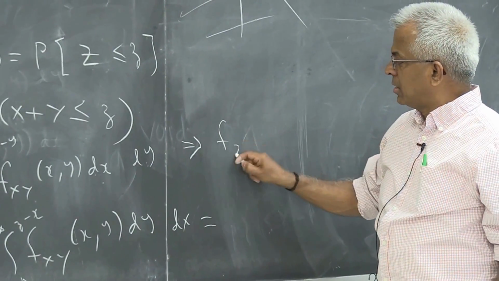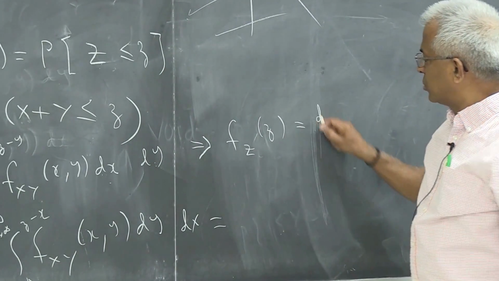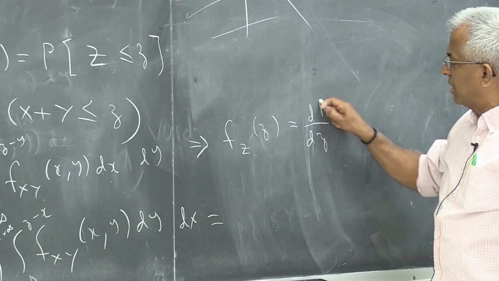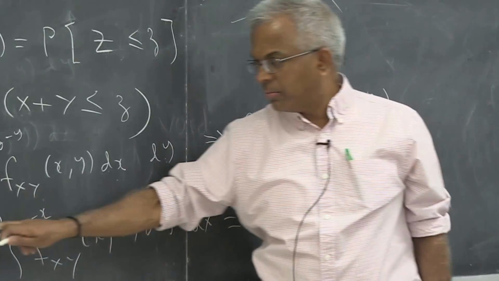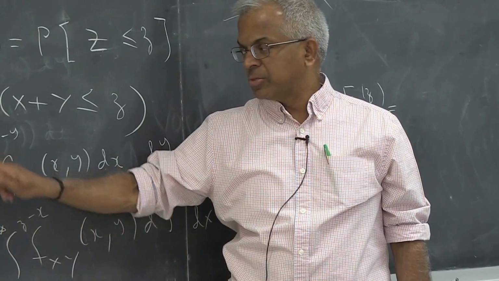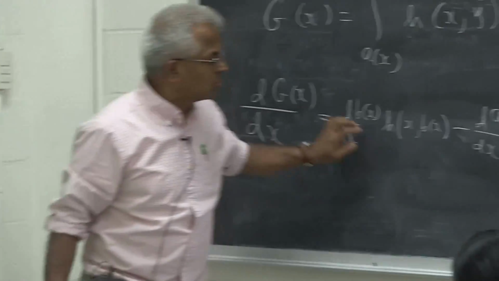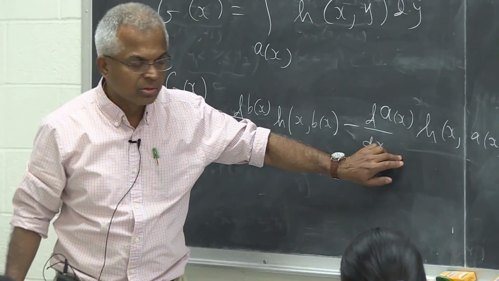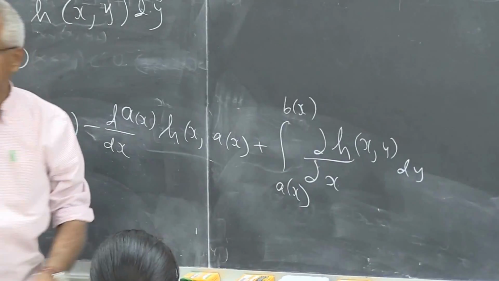So from here, the density function of z is given by, of course, I should take the derivative of capital F with respect to z. Now look here, when you have limits which are constant, the derivative with respect to a constant is 0. So this term and this term are 0. So then the limits stay as they are, you take the derivative inside.